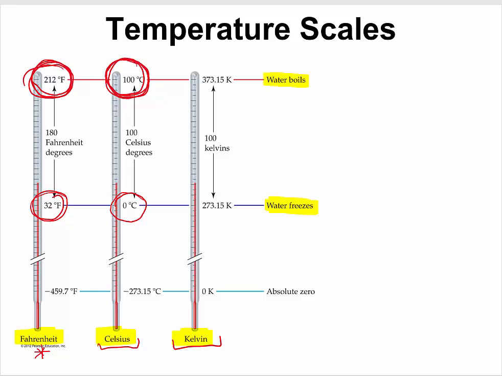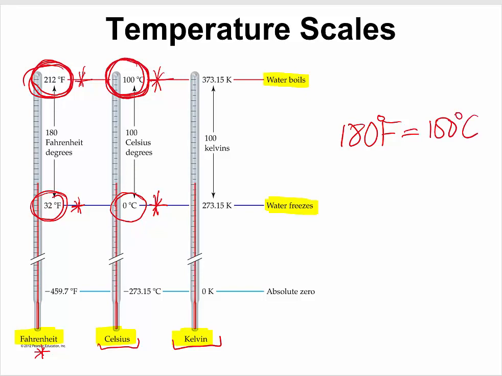If you look at the Fahrenheit scale, the difference between the freezing point and the boiling point is 180 degrees Fahrenheit. The corresponding difference between the freezing point of water on the Celsius scale and the boiling point of water on the Celsius scale is 100 degrees Celsius.